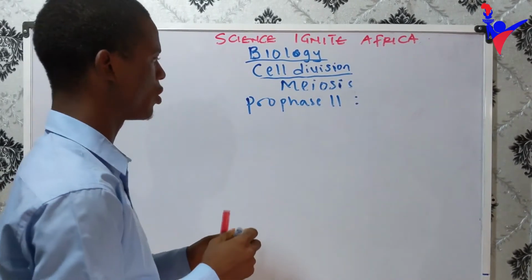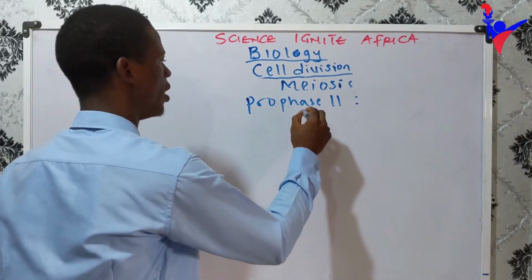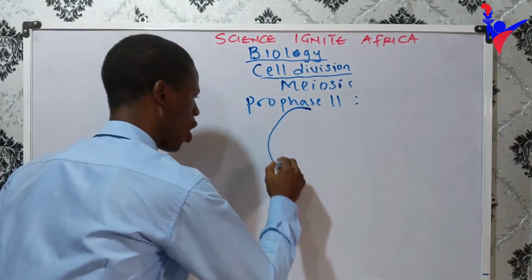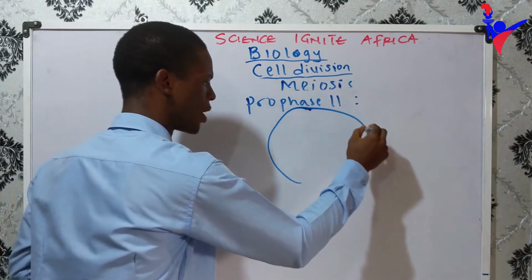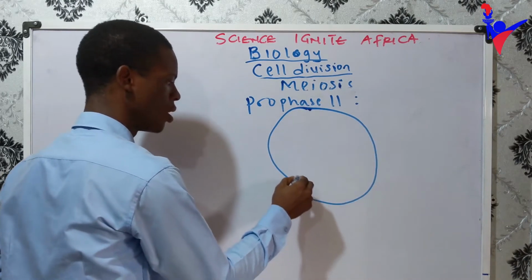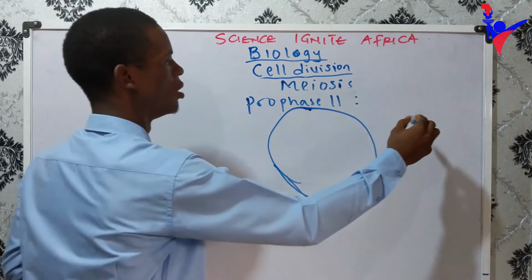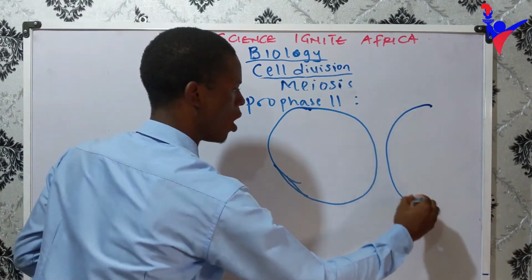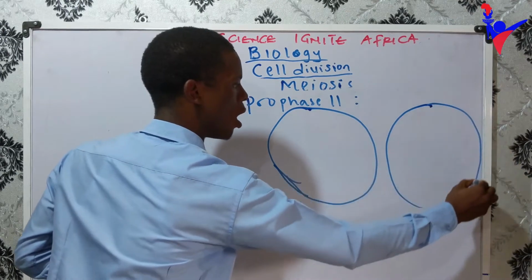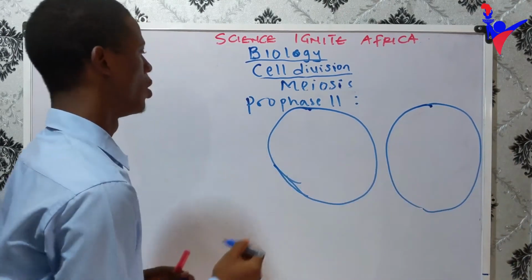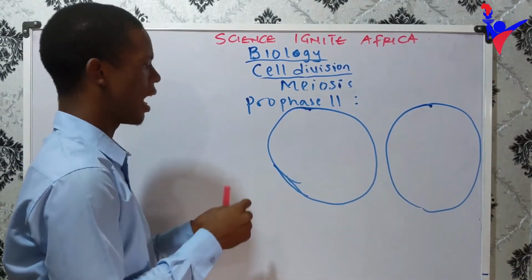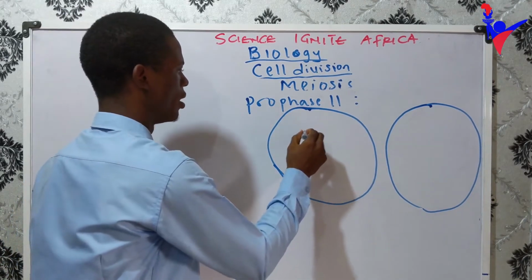We have the prophase 2 stage of meiosis, and like I'll always say, let's give a pictorial view so that you can just get a glimpse of what is going on. Alright, so these are the two daughter cells that are formed.